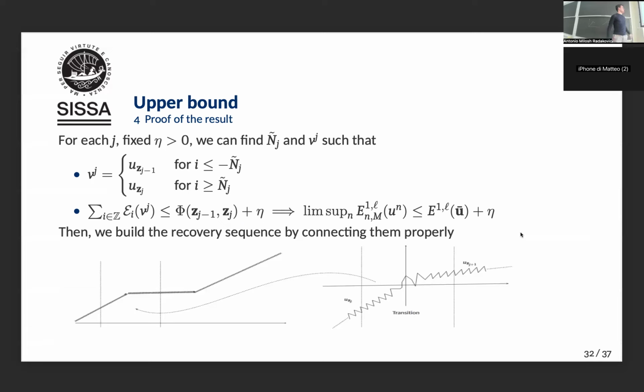And then we need to link those functions Vj together. We translate and scale back and link all those Vj together. We are cutting the tails, but as we said before, this is not a problem because we are not really changing the energy.